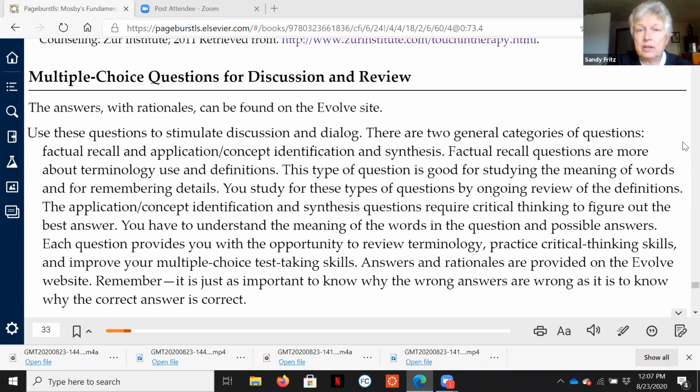But I want you to understand now how using these questions in the classroom or on your own will help you achieve your licensing requirements. The intent is that these questions were to stimulate discussion and dialogue in the classroom. There's two types of questions that you'll generally see.